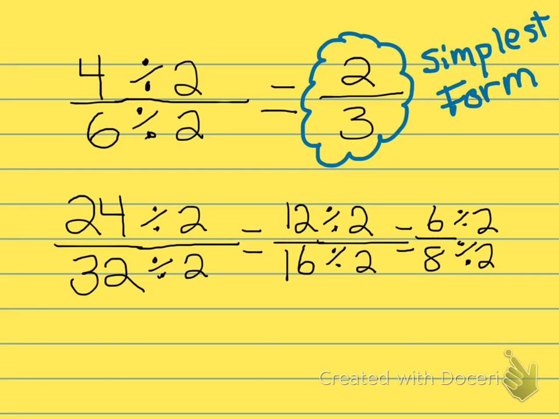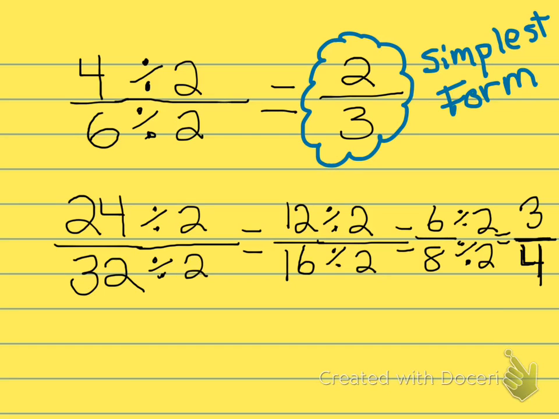Now, it doesn't mean the only fractions we simplify are fractions that have an even numerator and denominator. They could be divisible by some other number. Let's see, 6 divided by 2 is 3. 8 divided by 2 is 4. 3/4.